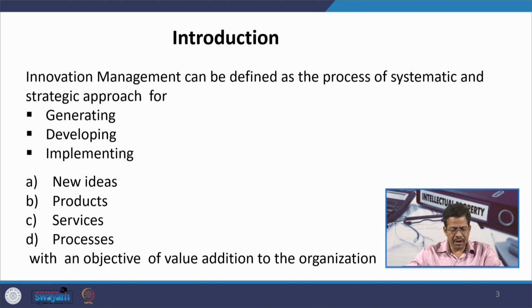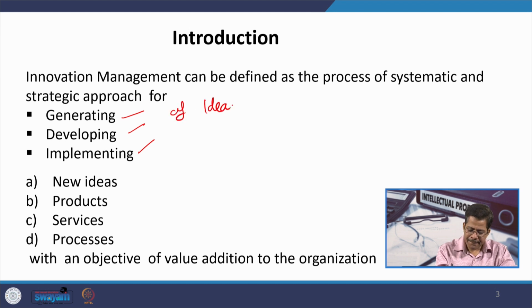Now, when we are talking of innovation management, we have three very important aspects. We have discussed these three things by some different names in our other sessions also. One is generation of ideas. Then once the idea is there, you need to develop that idea.